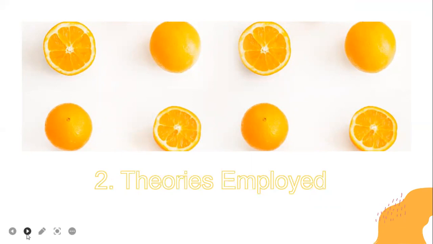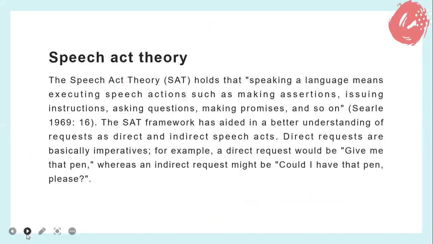So we're going to start with the first theory. The first theory is speech act theory, or SAT. It holds that speaking a language means executing speech actions such as making assertions, issuing instructions, asking questions, making promises, and so on.